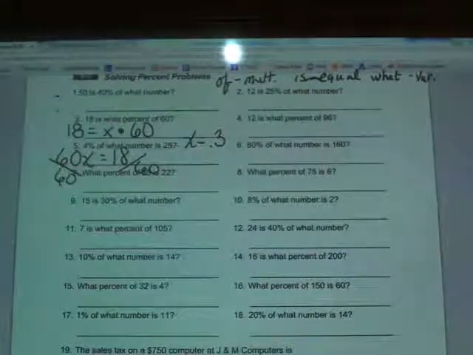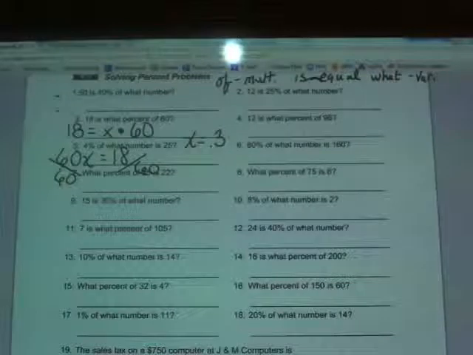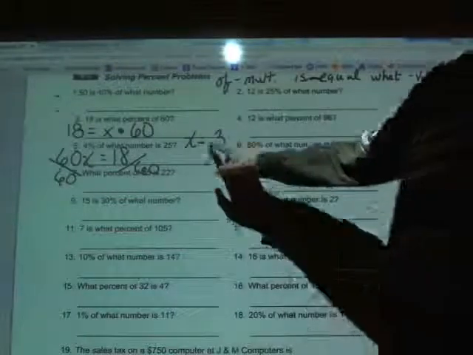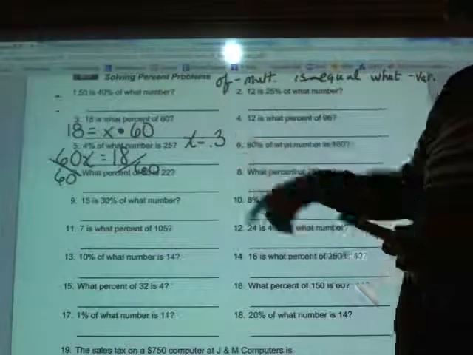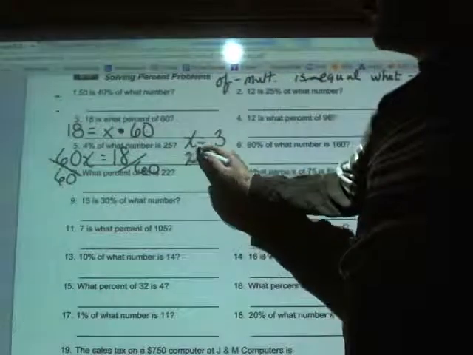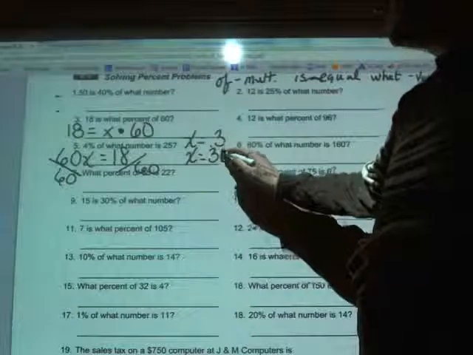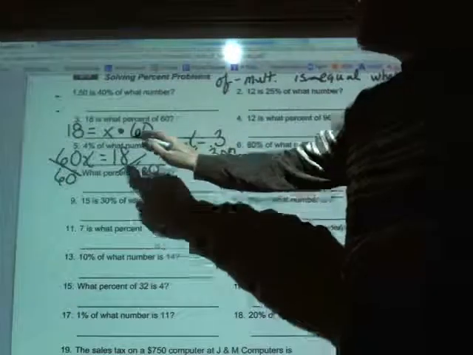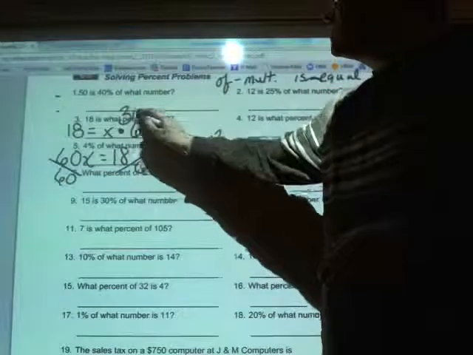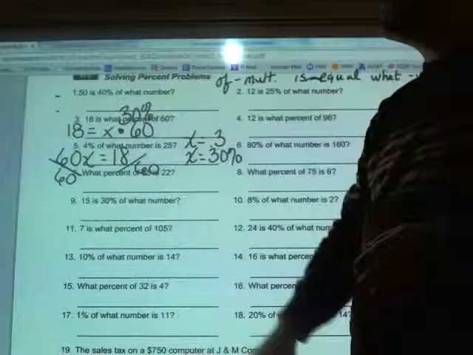Well, to change a decimal to a percent, as you already know, because we've done that this year, take and move the decimal 2 times to the right and add a percent sign. So I'm going to move the decimal twice to the right and add a percent sign, and x is really 30%. So question number 3, 18 is 30% of 60.